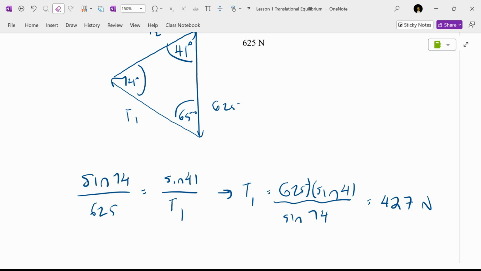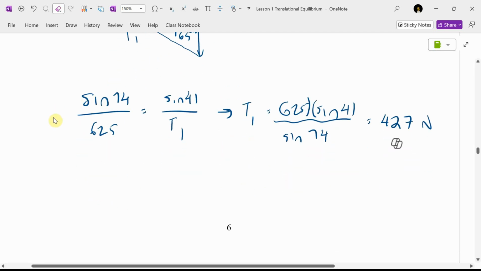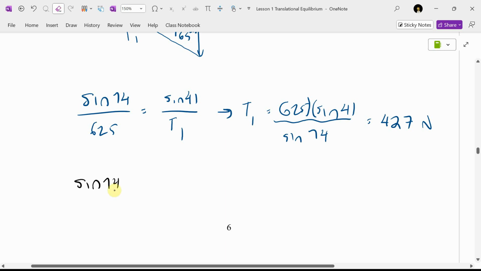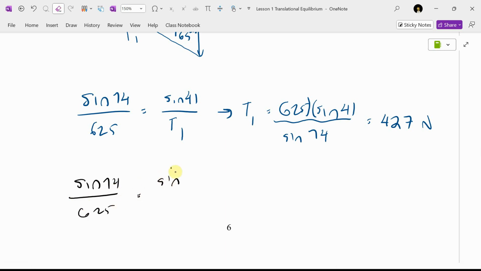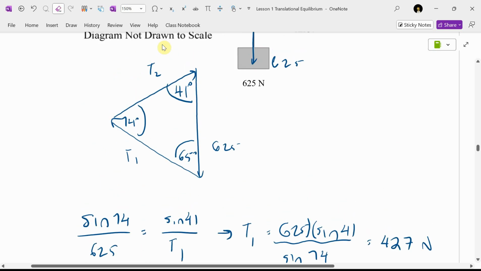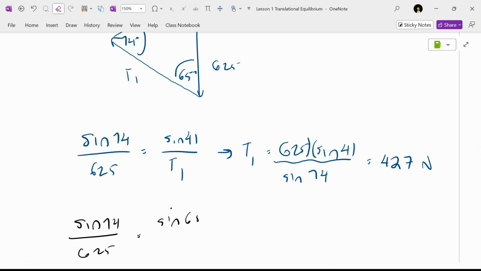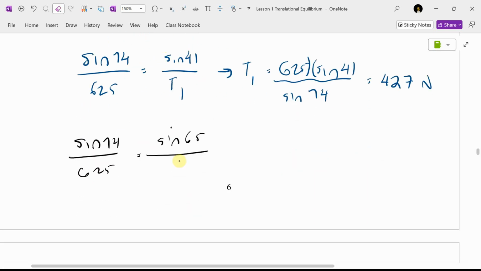Are we done? No, that's tension 1. Let's find tension 2. We're going to start off with the same sine value, sine of 74 over 625 equals the sine of, okay, what goes with tension 2? 65 over tension 2.